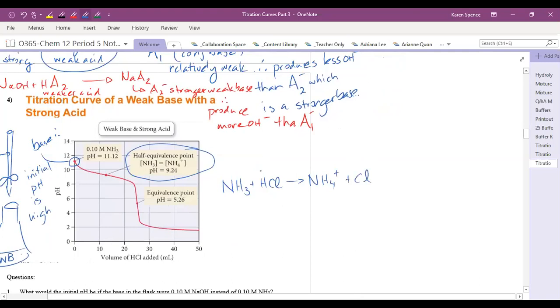And remember that HCl is strong, and as long as you have one partner in the neutralization that is strong, it will go to completion. Okay, so halfway to the equivalence point, at the half equivalence point, we have 1/2 which is NH3, and we have 1/2 that has been unreacted.